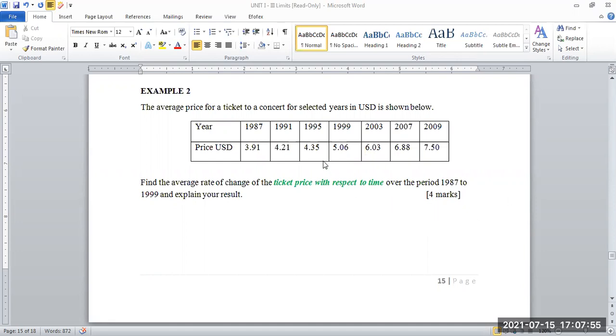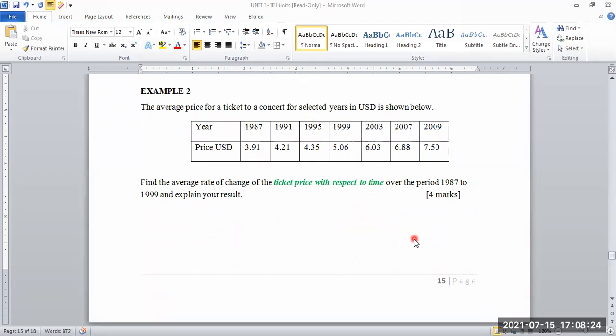I know the others are late in coming, but briefly again, Tashala, 1999 minus 1987. Is that in the center right there? That's because you're calculating from 1987 to 1999. Then 5.06 minus 3.91. You want to try calculating from 2009 using the same principle? I'm going to write this down.